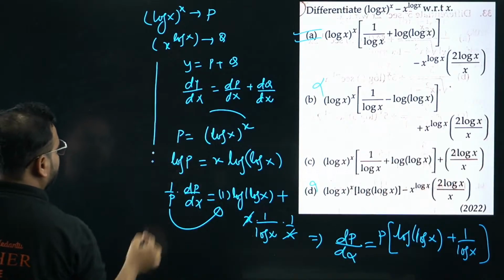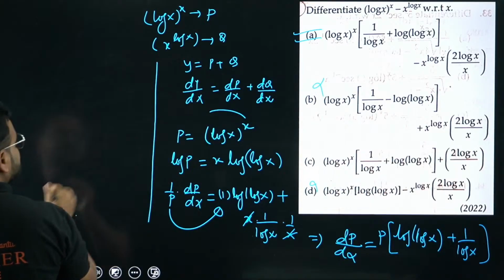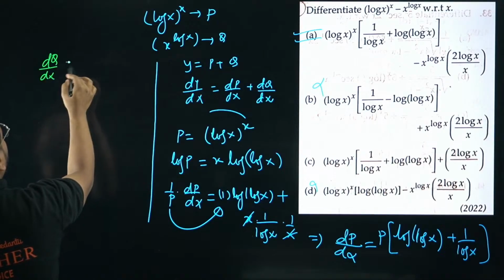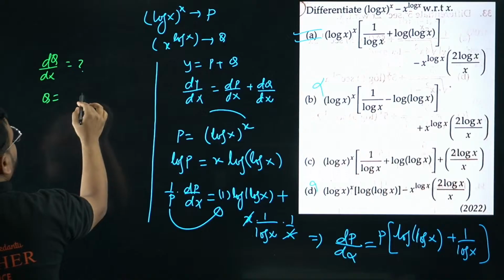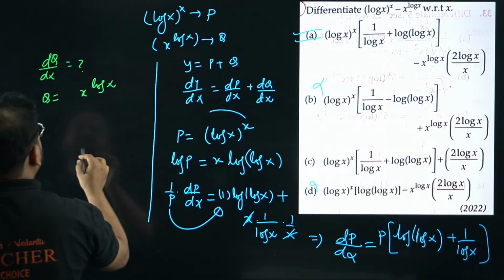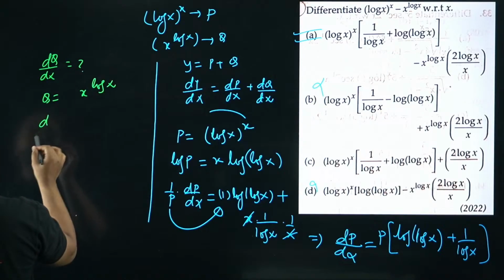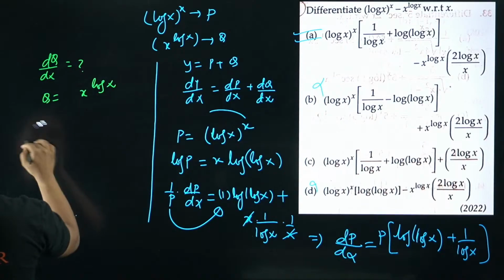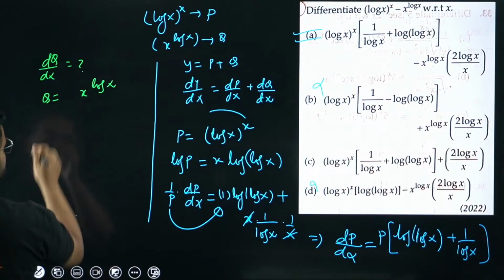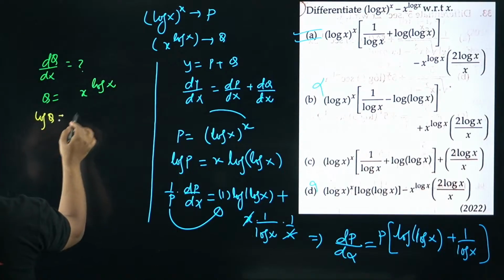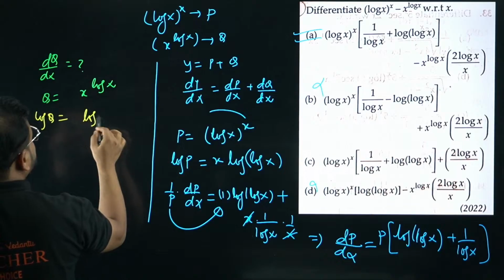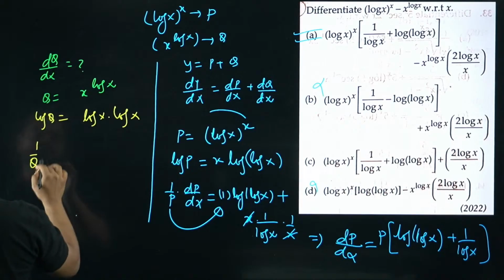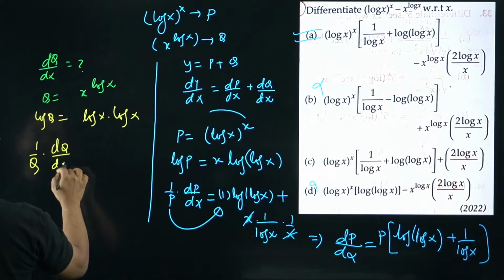Let's look at the second step now, this dq by dx. For this, taking the q value as x power log x, if you differentiate, you're going to get log of q equals log x times log x. Differentiating, you get 1 by q times dq by dx.